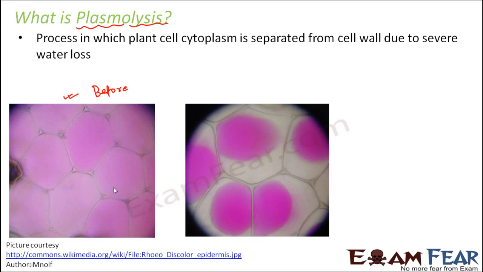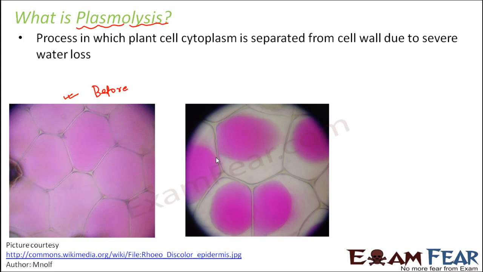We are not discussing about all that now. Now after plasmolysis, if you see, the vacuole or this pink region is quite well separated from the cell wall, and this separation occurred because of plasmolysis, because the cell lost a major portion of water. So this is about plasmolysis. So after plasmolysis, the vacuoles shrunk, the cytoplasm got separated from the cell wall.